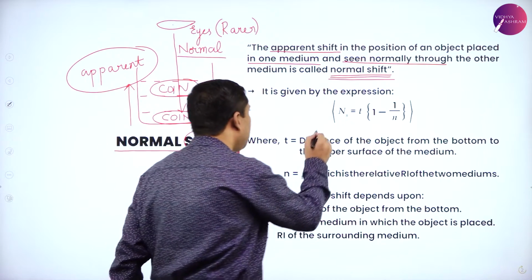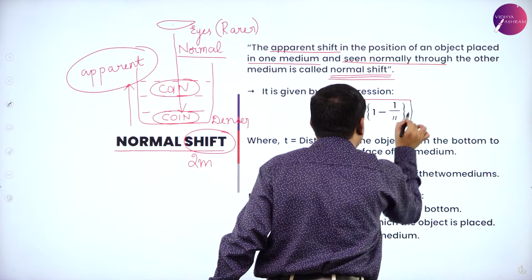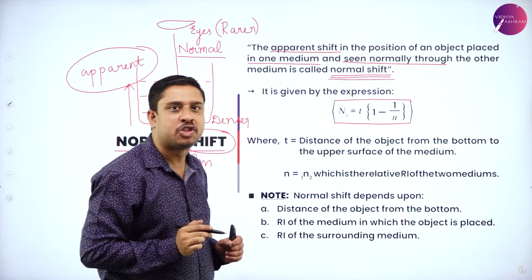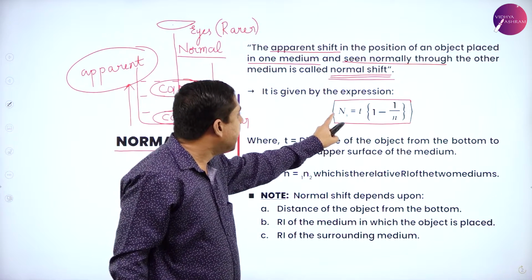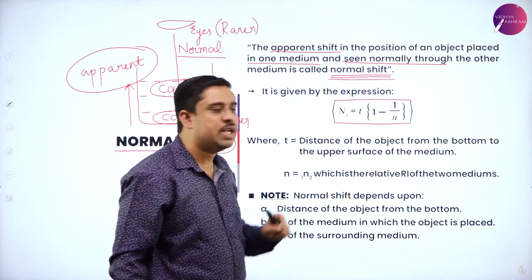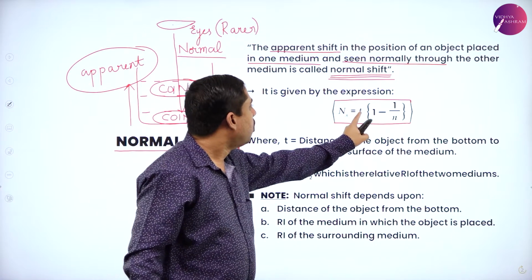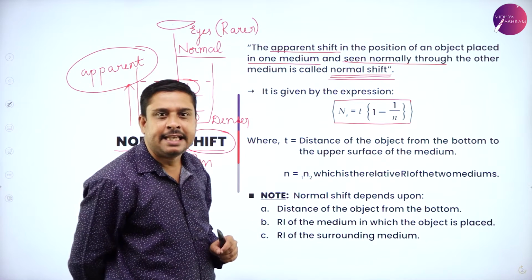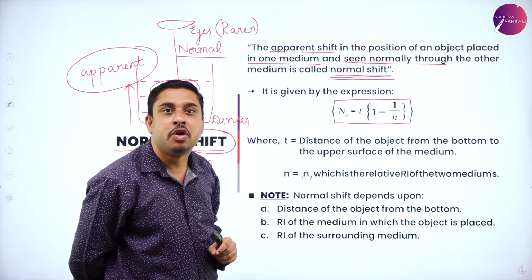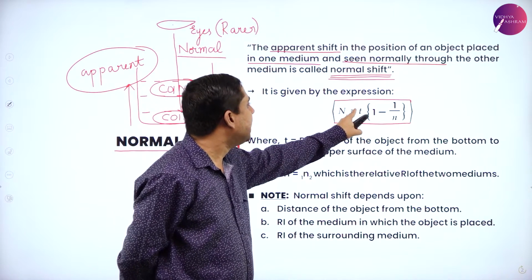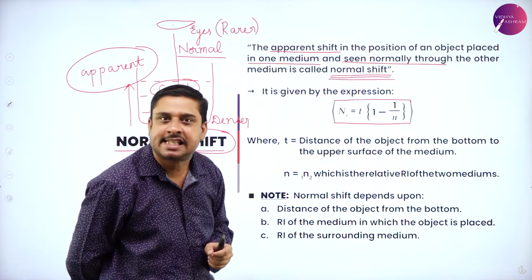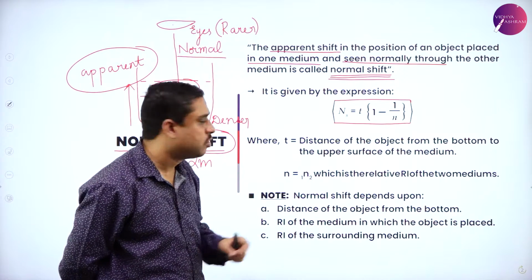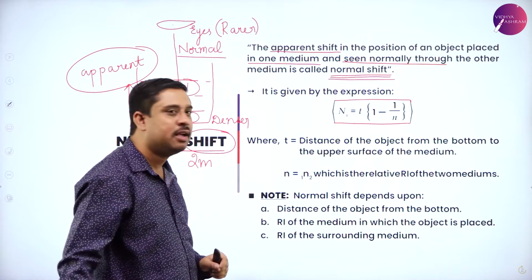Now, normal shift is given by the expression NS equals T(1 minus 1 by N). The expression for normal shift is NS equals T(1 minus 1 by N). What is T?